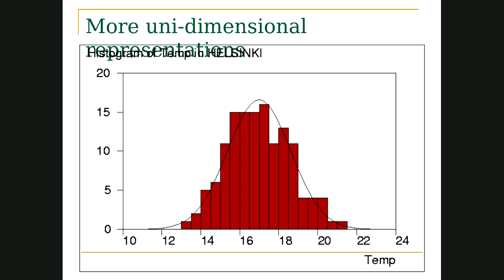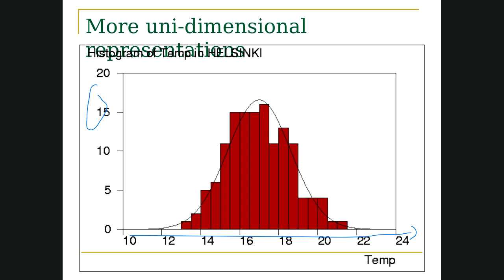Here is the histogram. It was coming up in those 25 ways to view the same data. The idea of the histogram is that I use 2 dimensions to represent unidimensional data. The dimension I want to represent is the temperature, and the thing that I'm showing here is just a count.